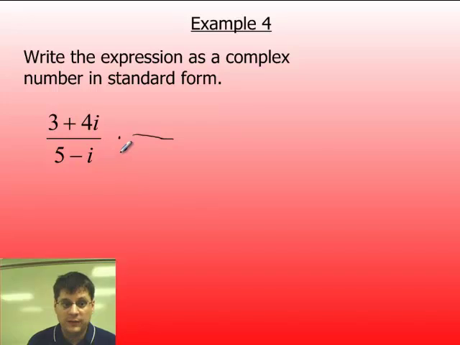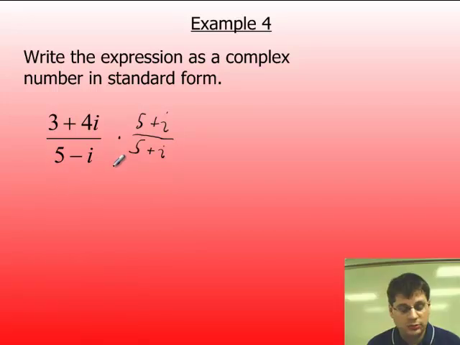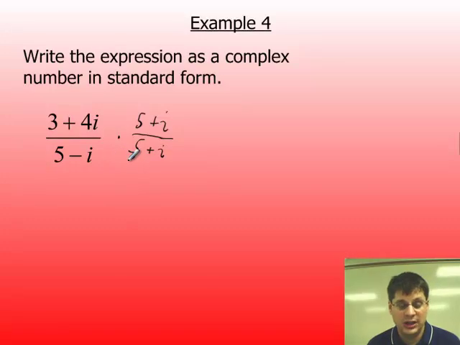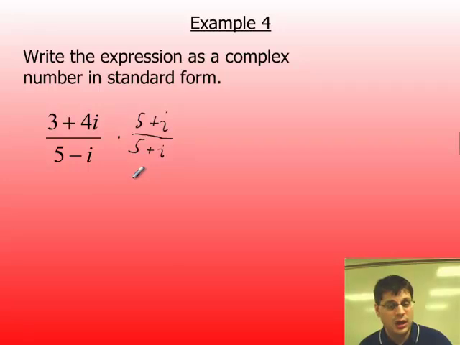So the conjugate of 5 minus i is going to be 5 plus i, and this is going to be 5 plus i on top. So the bottom part works just like a difference of squares. You got 5 times 5, which is 25, 5 times i, which is 5i, negative i times 5, which is negative 5i, and then negative i times i, which is negative i squared.